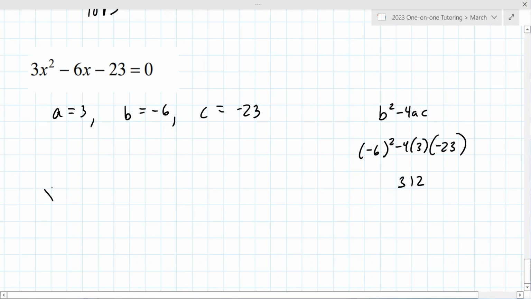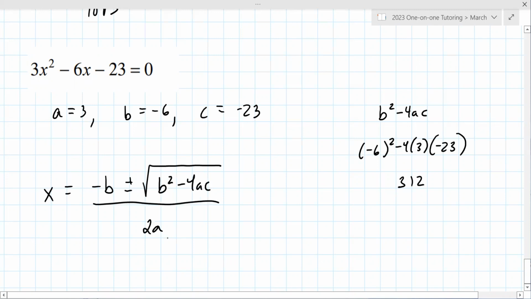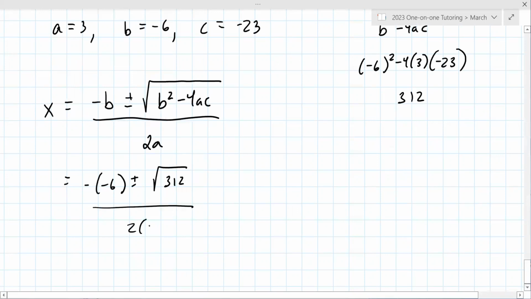So we write our formula here, minus b plus or minus the square root b squared minus 4ac over 2a. At some point you will just start substituting in as you go, plus or minus square root of 312 all over 2 times 3. So this is new because the square root of 312 is not known.